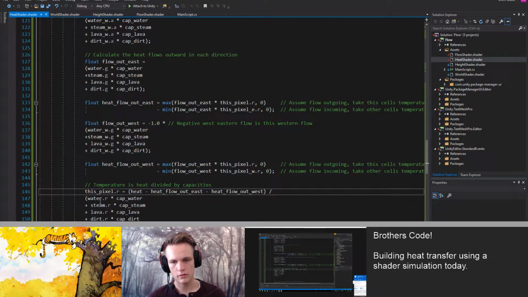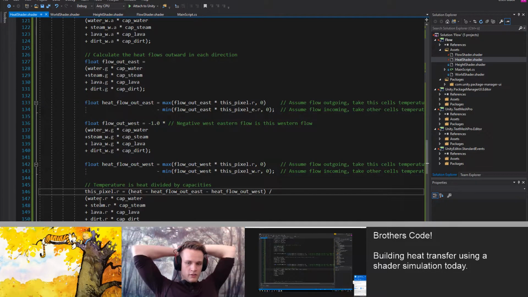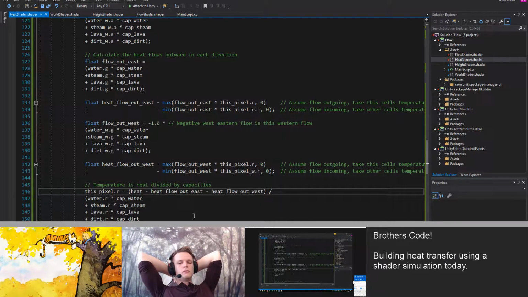So in the case where something flows, the new capacity can be zero, whereas the old heat is non-zero, which means that, well, the old heat should be zero because there was never any heat in the first place. Also true. Yeah, what is happening here?